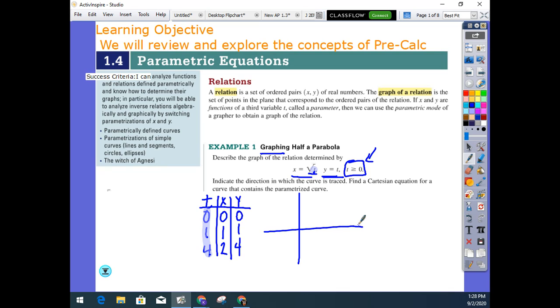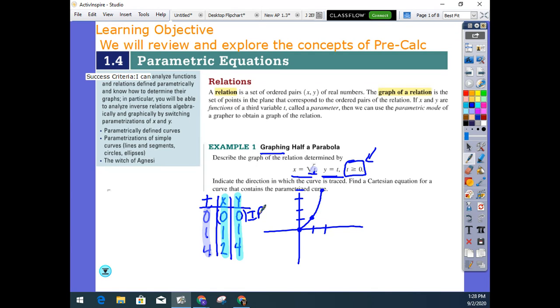Next, we're going to graph. Now, when we graph, I'm going to graph on a Cartesian plane, which is just x and y. So we have 0, 0, 1, 1, and 2, 4. So notice, now, this is the very first point.